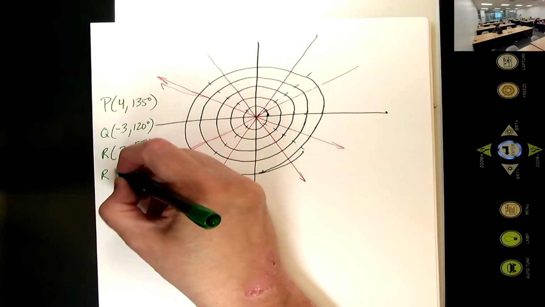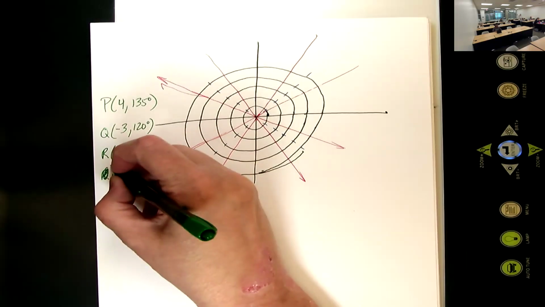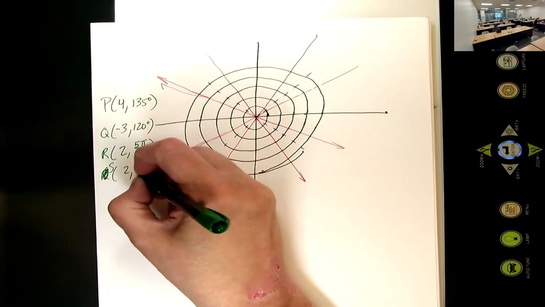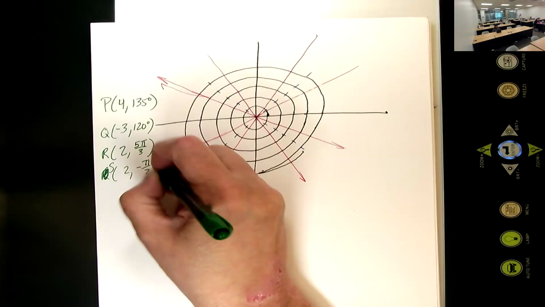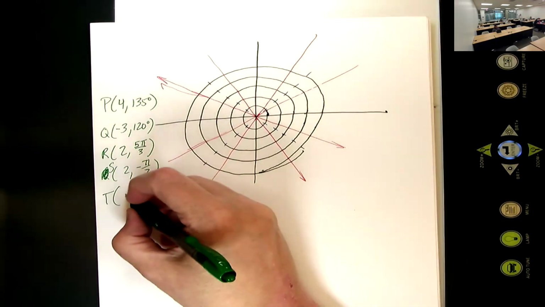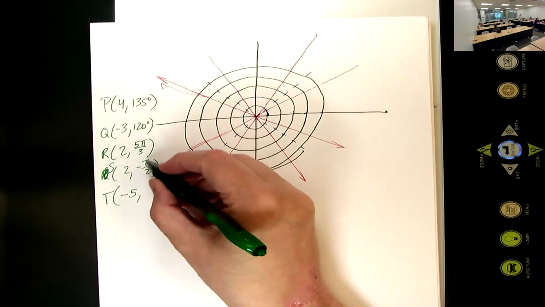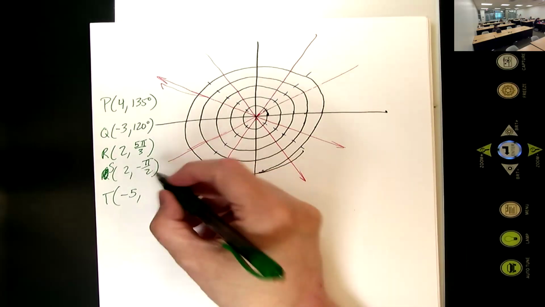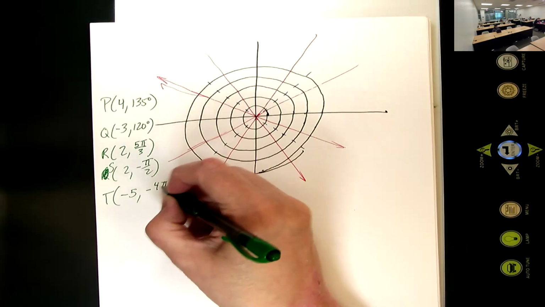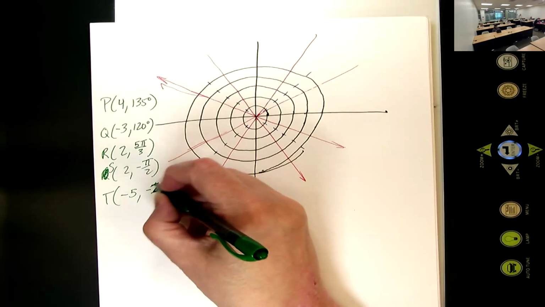And why not, let's go with S. S will be 2, negative pi over 2. And T will have negatives on both. We'll go with just -5, I'll go all the way out on our circle here, -5, and we'll go -4 pi over 3. Now let's do -2 pi over 3. There we go.